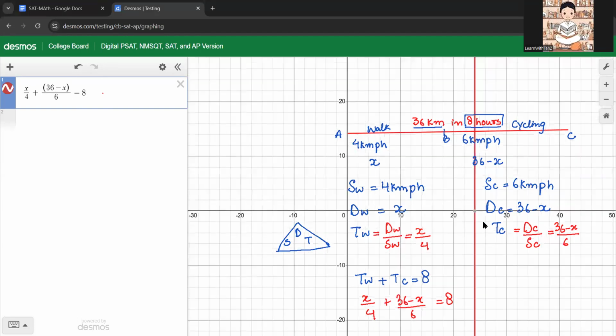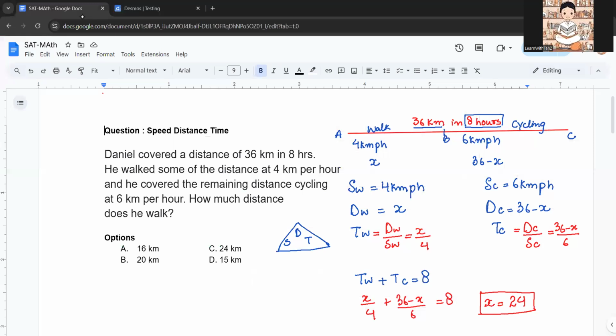And here is our value. It is 24. So my x equals 24. And that is my final answer. So we are talking about the distance, so it's going to be 24 kilometers. So option C is my answer here.